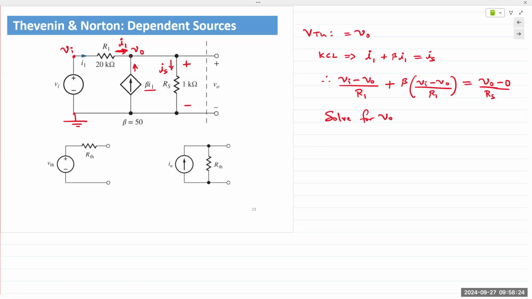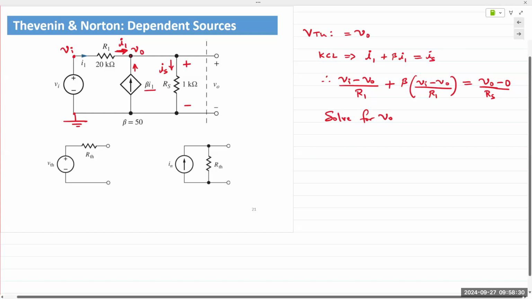2 minutes left. Let me just talk quickly about Thevenin resistance. So again, I won't draw everything out, but at the output terminals, I would apply an energy source, call it V, and the energy source would supply current I to the rest of the circuit, right?